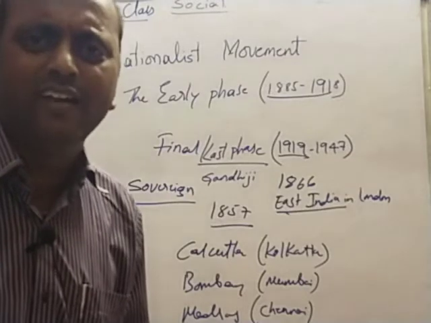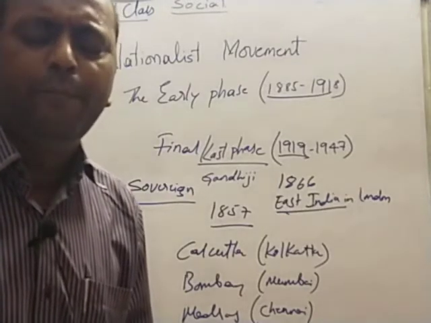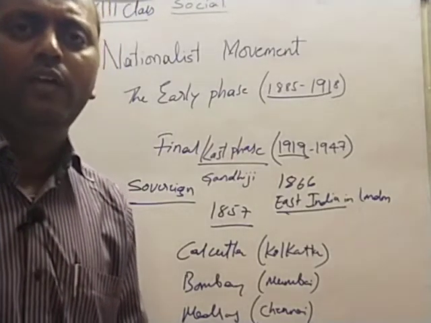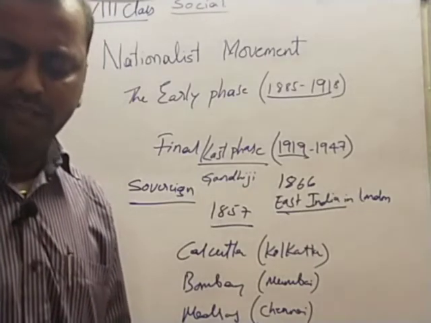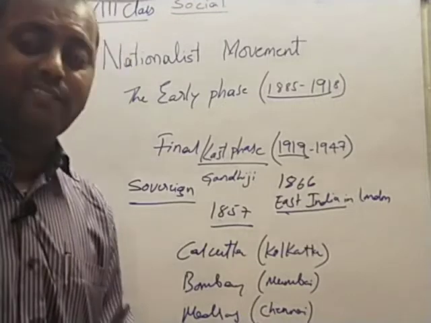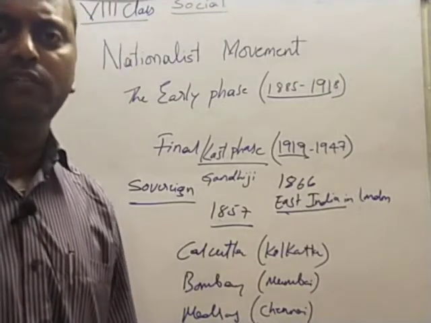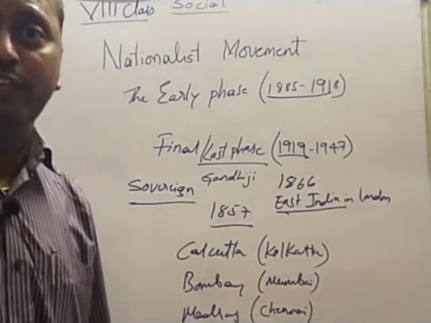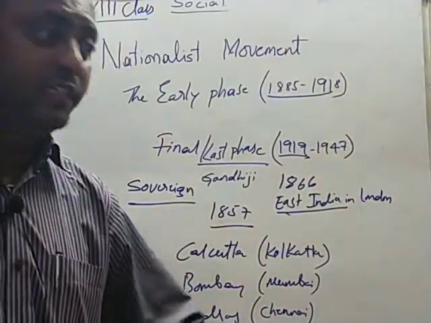Many of these intellectuals also led campaigns. Campaign means prachar, publicity. Many of these intellectuals led many campaigns against the British policies on taxes on textiles, on racial discrimination, because they had suppressed the Indians like anything. White people were treated one way.